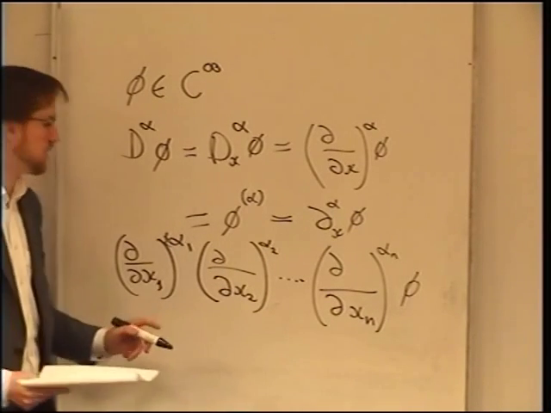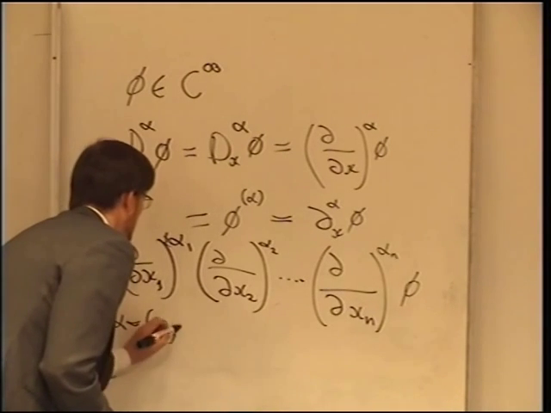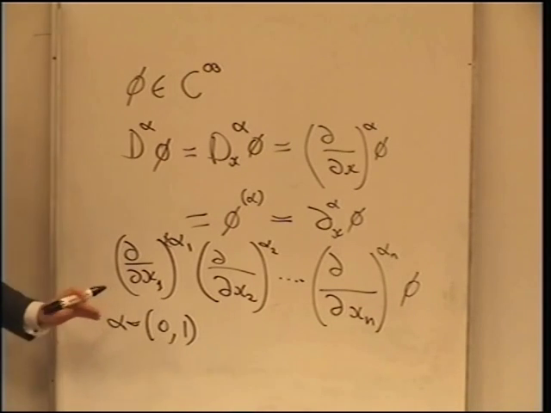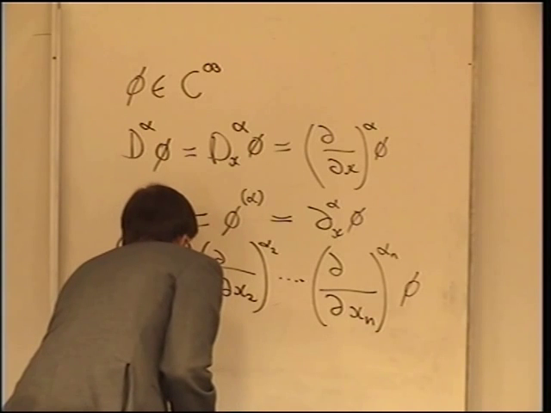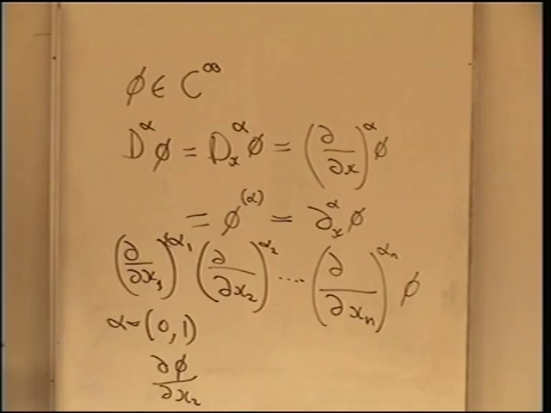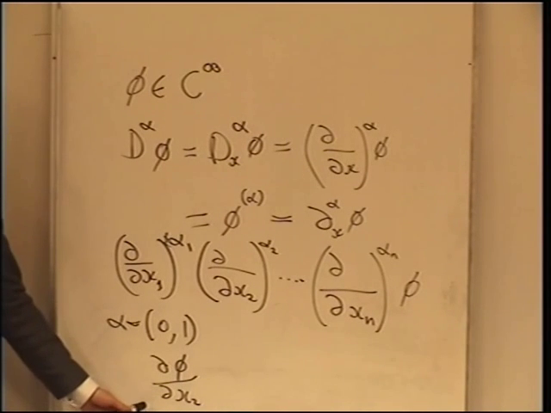So if we take a simple example, let's take alpha equals 0, 1, so we're in R2. That just means d phi dx2. Right, it's the 0th derivative with respect to x1 and the first derivative with respect to x2.